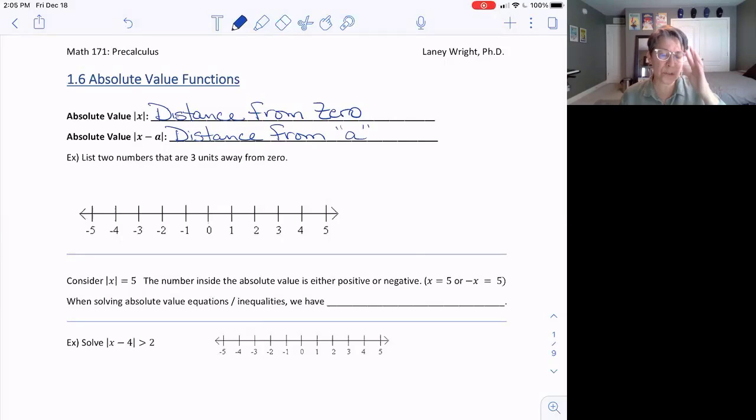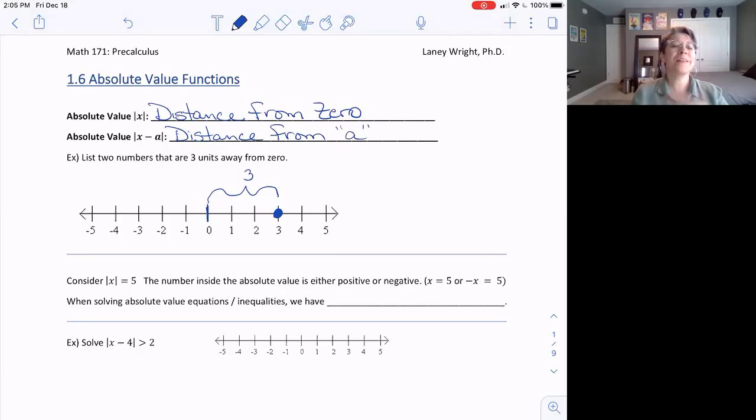So let's consider the example below where we want to list two numbers that are 3 units away from 0. Well, here's our 0 here in the middle. We know the number 3 over here to the right is exactly 3 units away from 0.